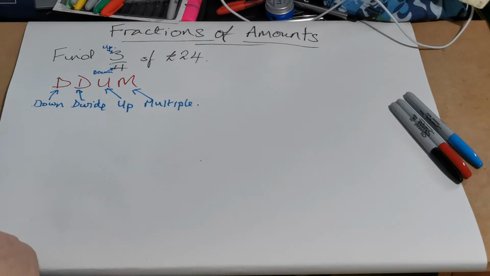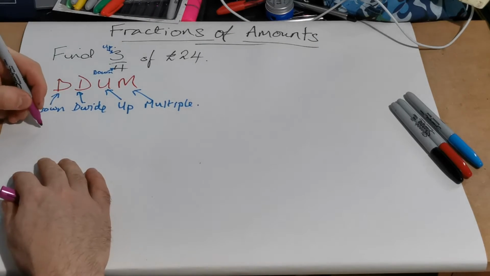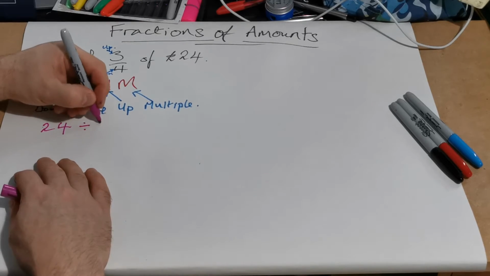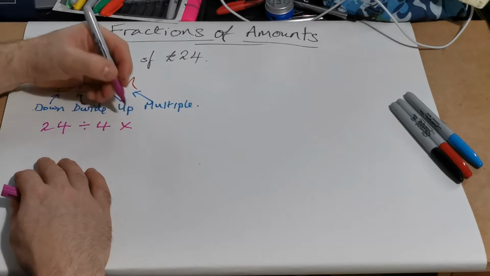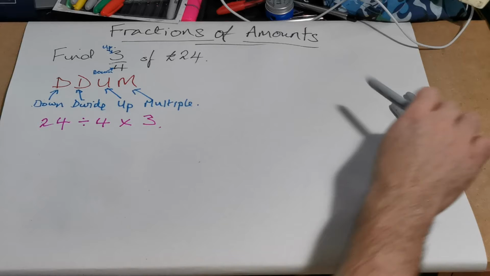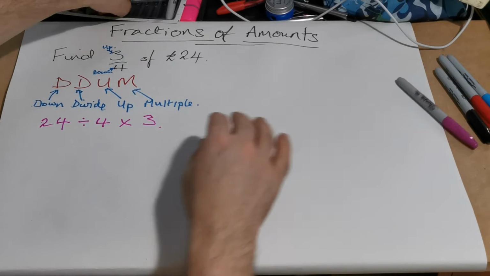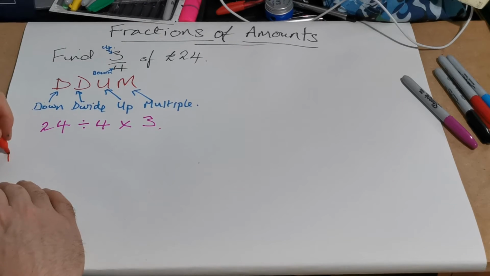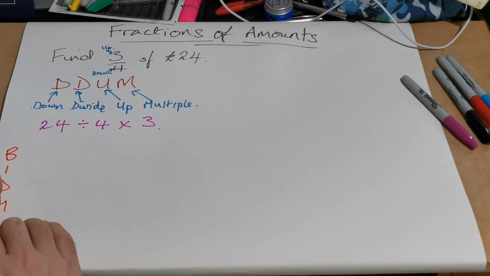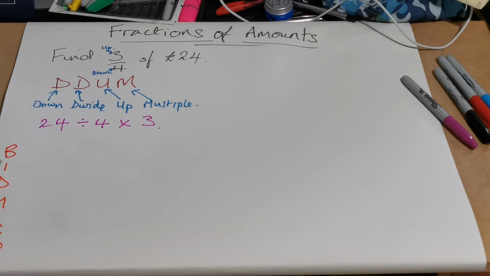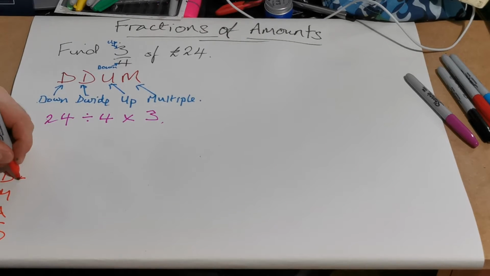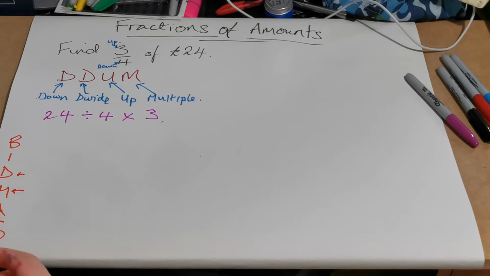So if we were to do that, I would be doing 24 divided by 4 times by 3. And I'd just like to remind you about big maths at this point. Big maths tells us that we must do a division before we do a multiplication.